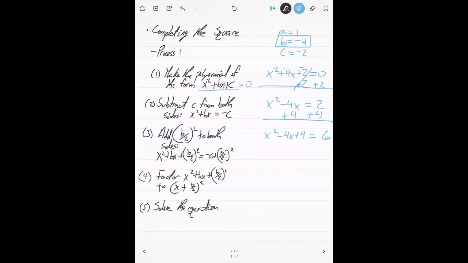Here's where all this work really comes together. We need to now factor the polynomial that we've created. This polynomial can be factored down because of this very ingenious way of adding half the middle value squared.